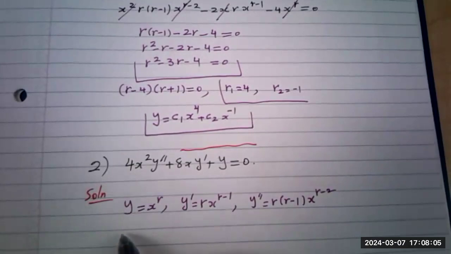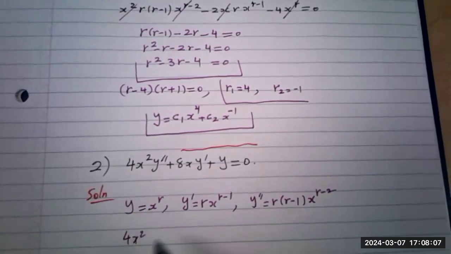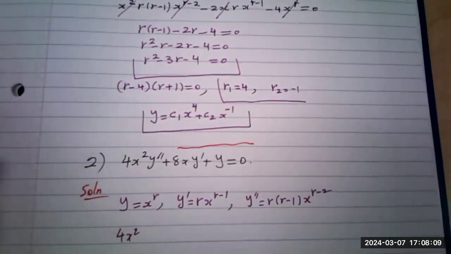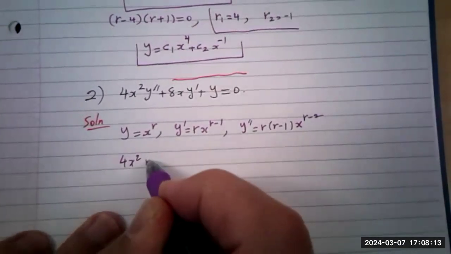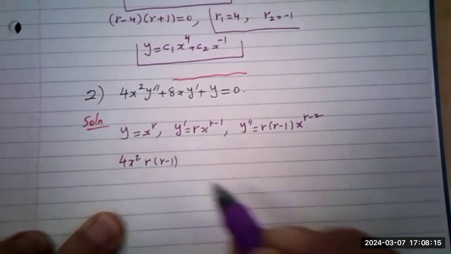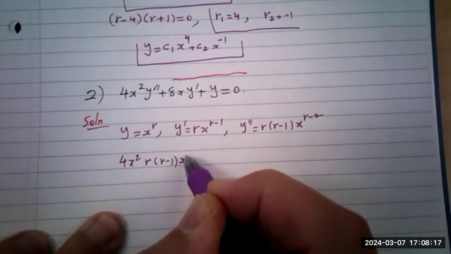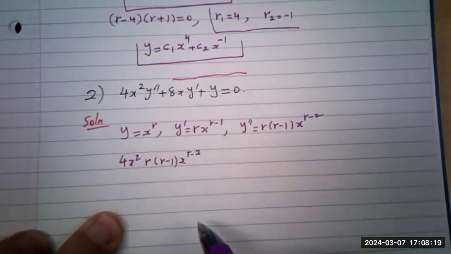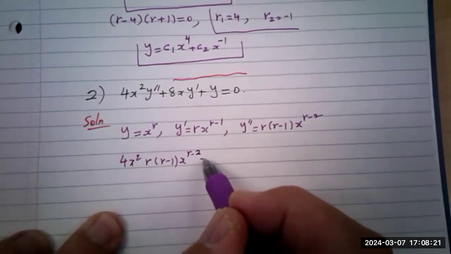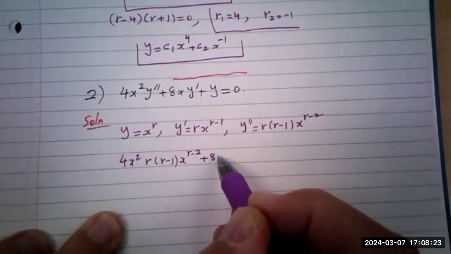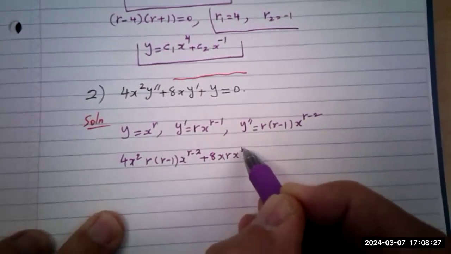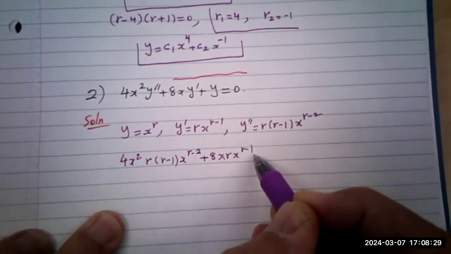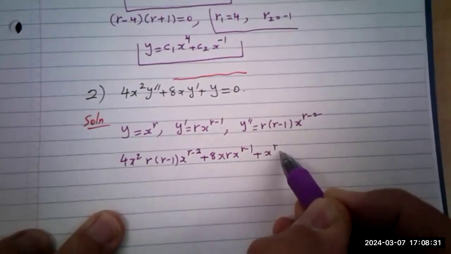So 4x squared y double prime gives 4 times r times (r minus 1) x to the r minus 2. Next is 8x y prime, 8 times r x to the r minus 1, plus y, which is x to the r, equal to 0.